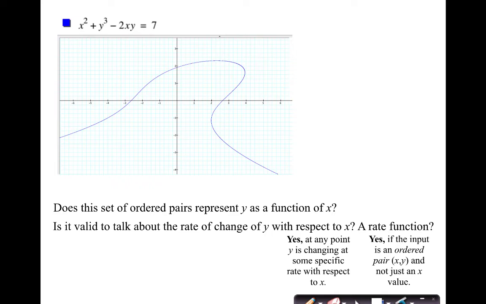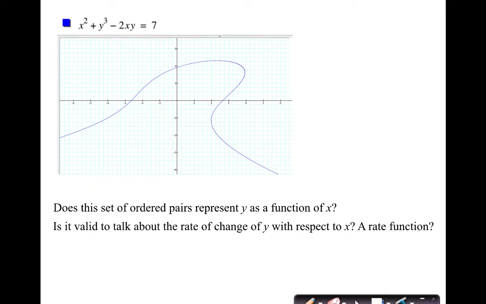But if you're given a full xy pair, then you will be able to find, if we do that implicit differentiation, differentiate without having to get y by itself first, a formula that involves x and y both, in the case of something that's not a function, and be able to find a value for that derivative.